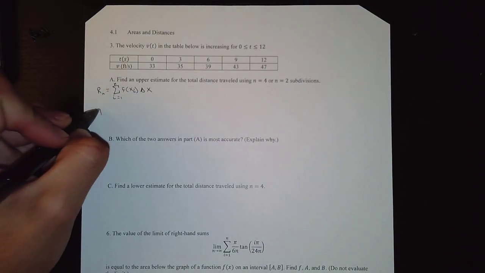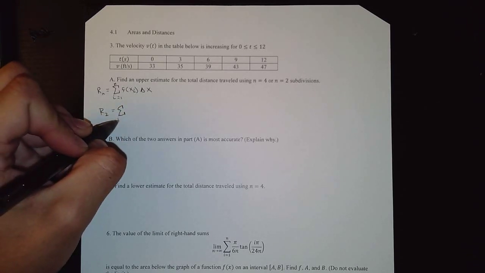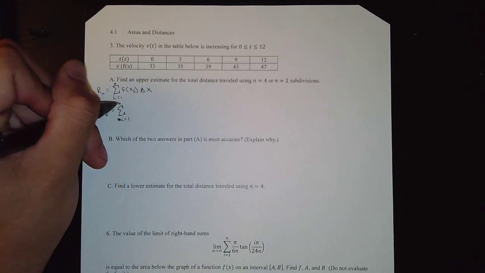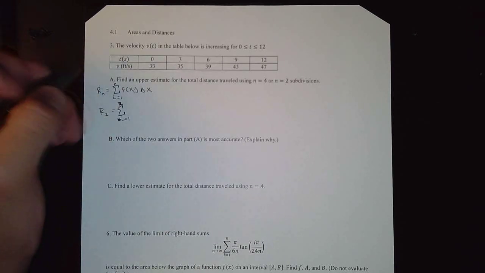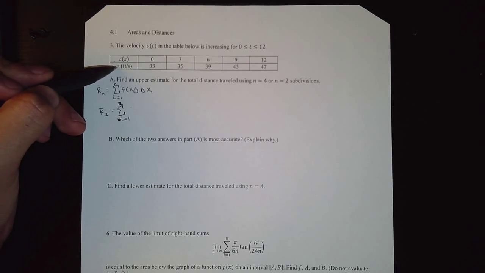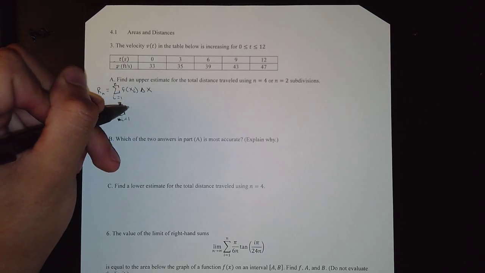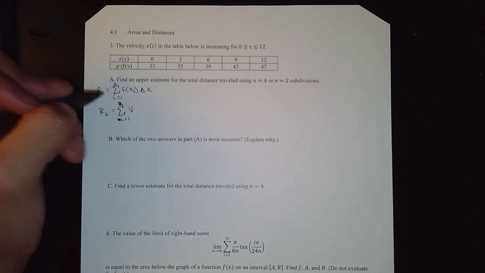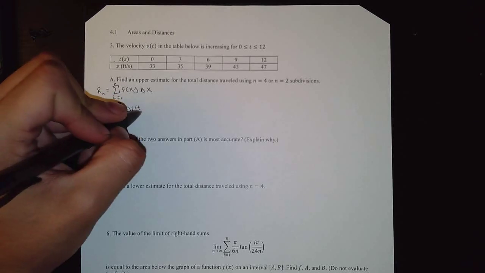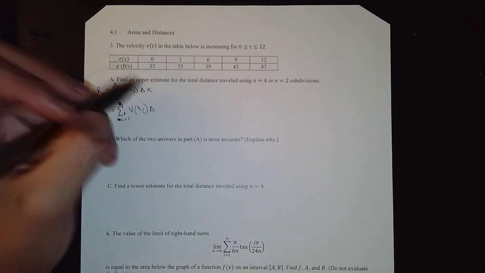So for R sub 2, we have the sum i equals 1 to 2, since n is 2 in this case, of, in our example, our function, the velocity. So velocity at time i times the change in time itself.